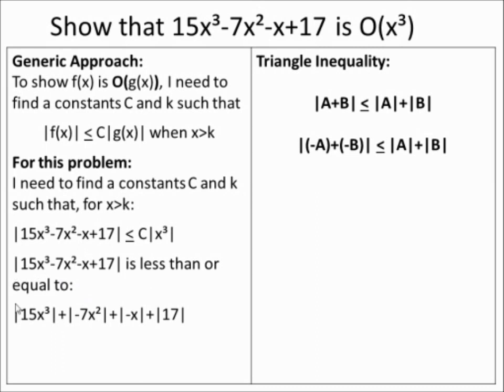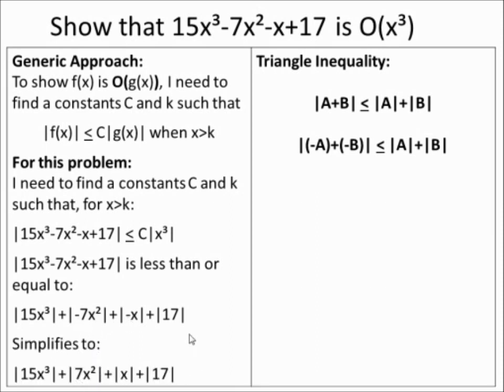I know that this is less than or equal to this. And now, since I have absolute values, these negatives disappear, because that's what absolute value does. It makes negatives disappear inside. So I have a single term in here. I can get rid of the negative in here and the negative in here, again, because I have absolute values. So now, I was trying to show that this is less than or equal to c times x cubed.